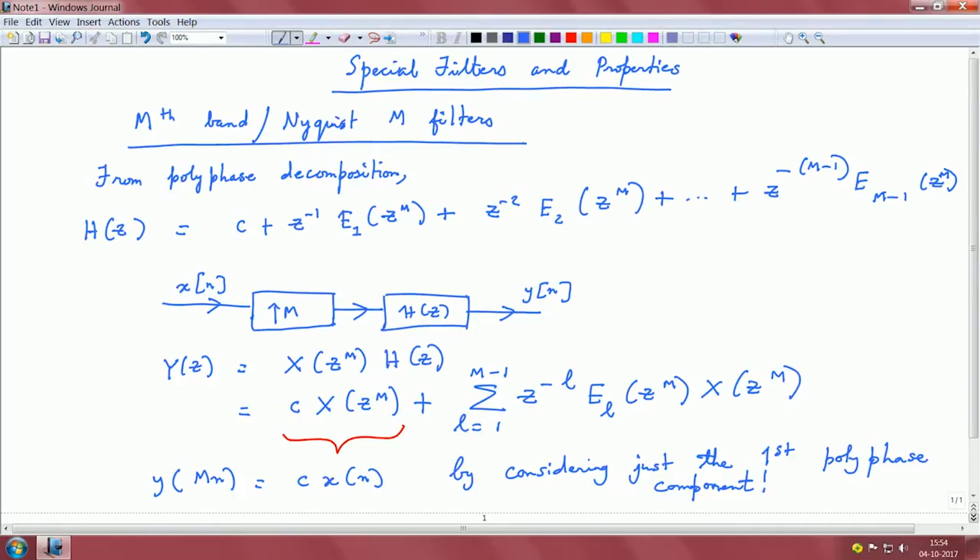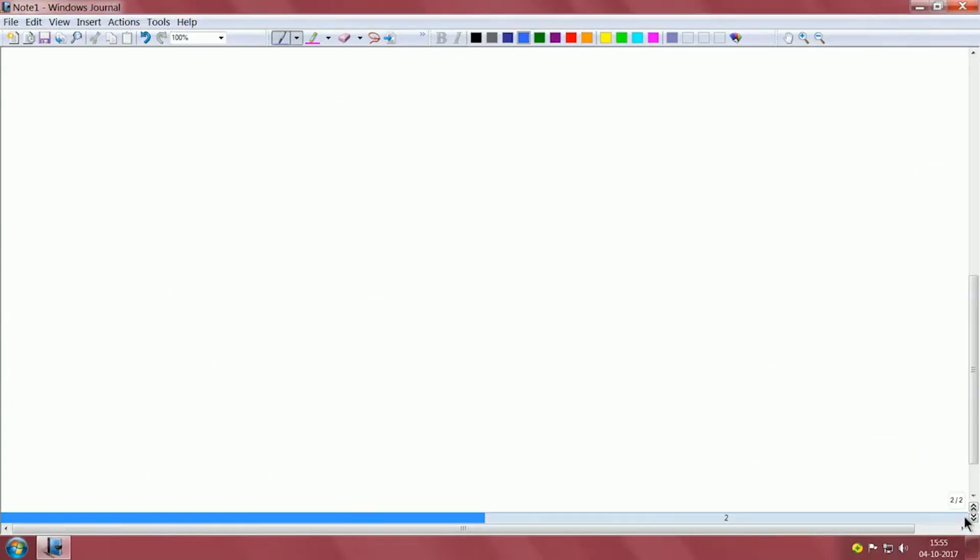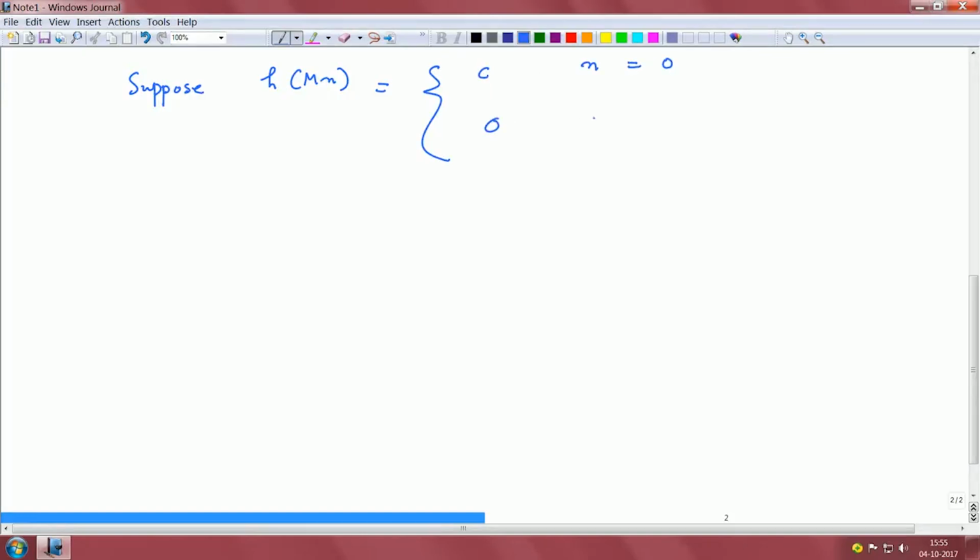Okay. Now let us go a little further. Suppose h of mn is c when n equals 0 and 0 else.